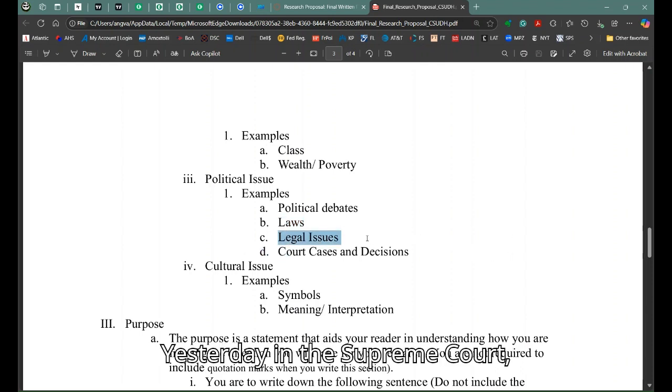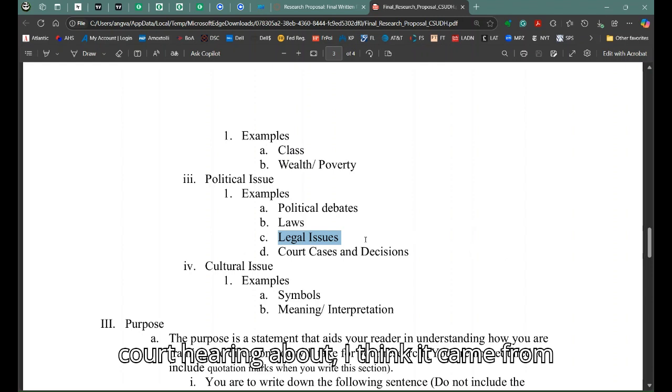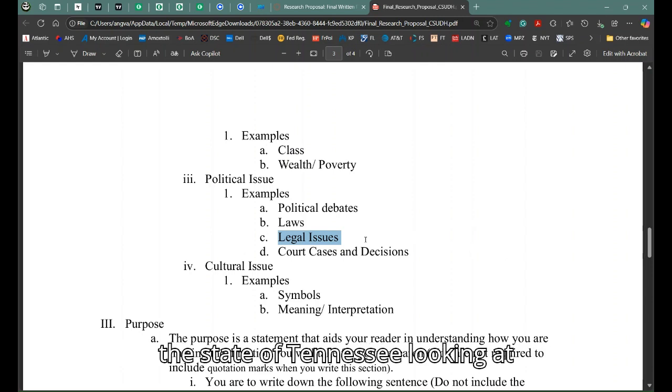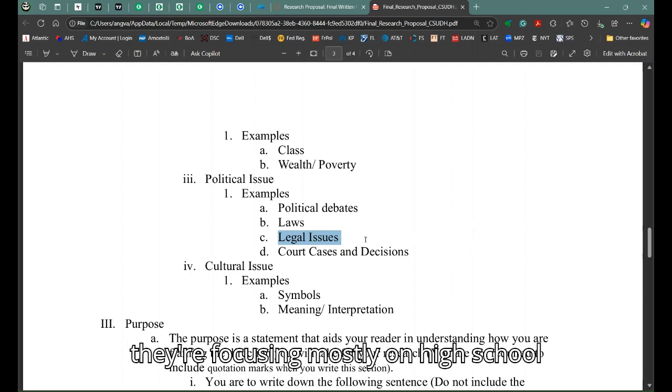Yesterday in the Supreme Court, there was a court hearing about, I think it came from the state of Tennessee, transgendered individuals and the health care that they get, but focusing mostly on high school students. And that's a huge issue.